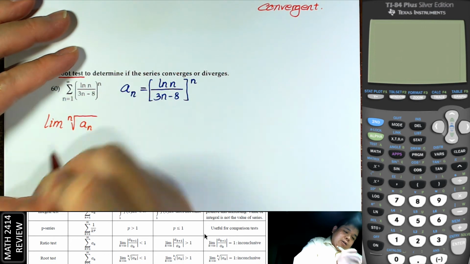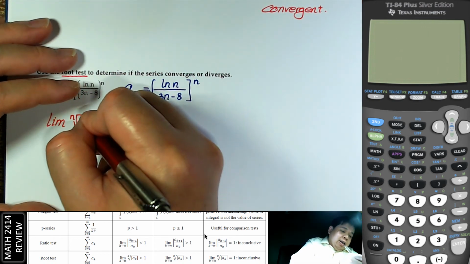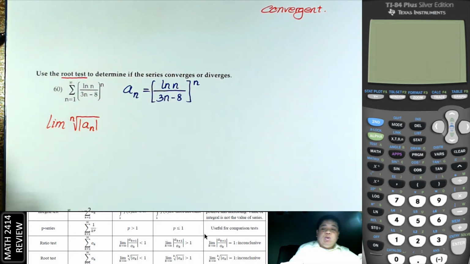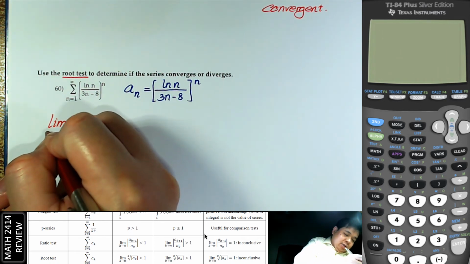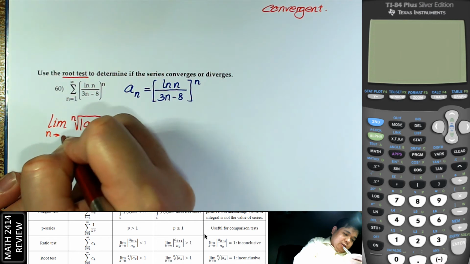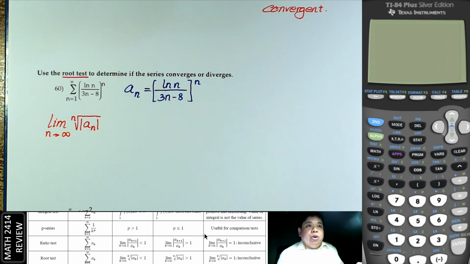However, for an even root, we throw in absolute values here, so we don't have to worry about the case where we have the square root of a negative number. So we do that with the root test.